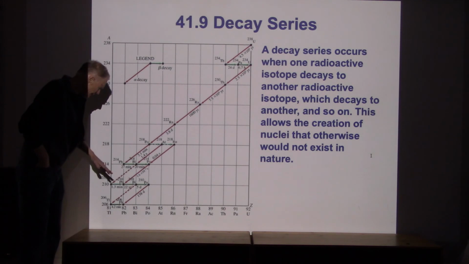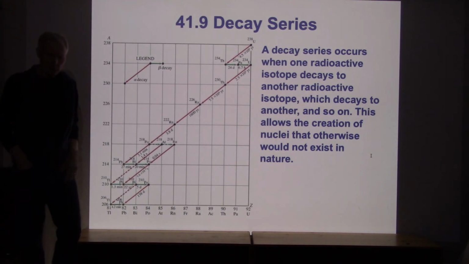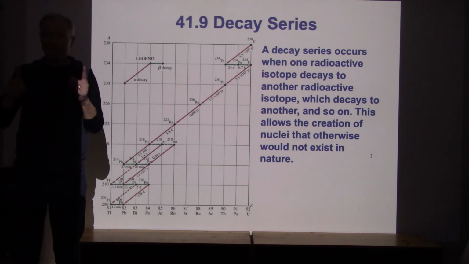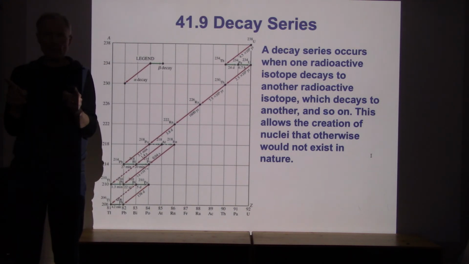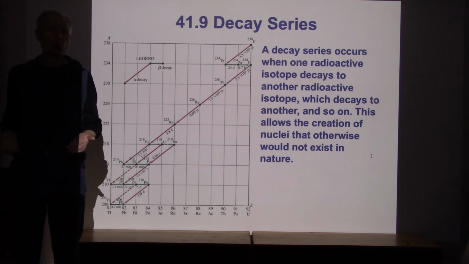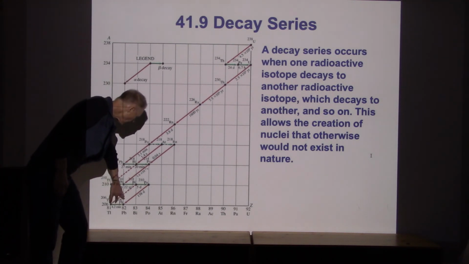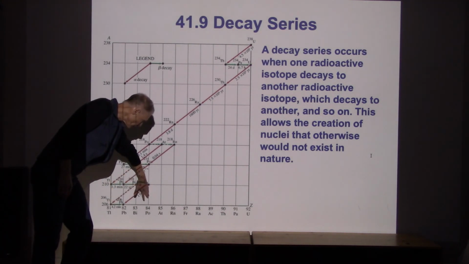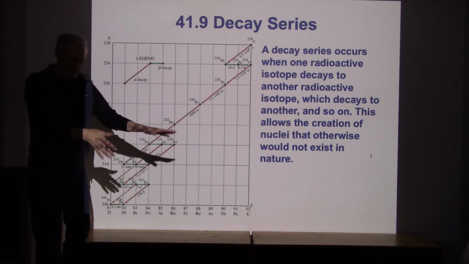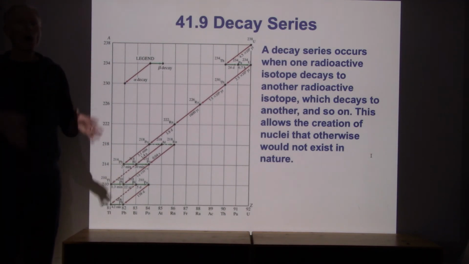In the periodic table, lead, element number 82, and bismuth, element number 83, are the last two elements that have any stable isotopes at all. Everything past lead and bismuth, starting with polonium, all the isotopes of every element are radioactive.